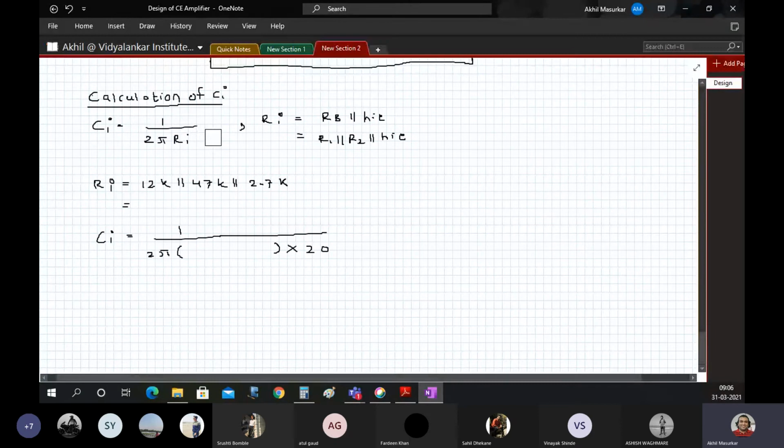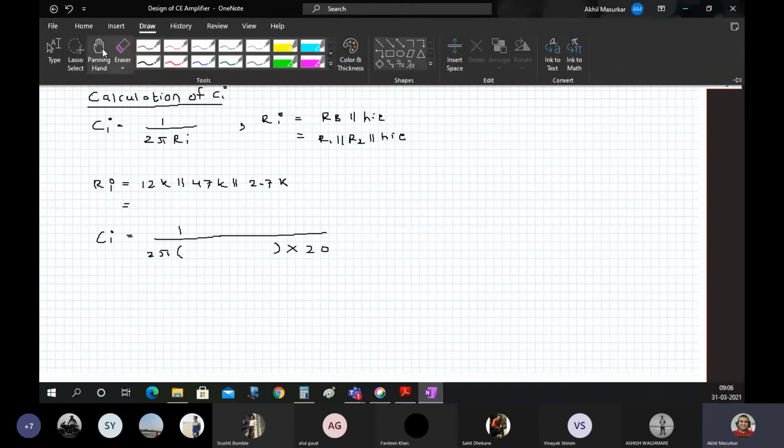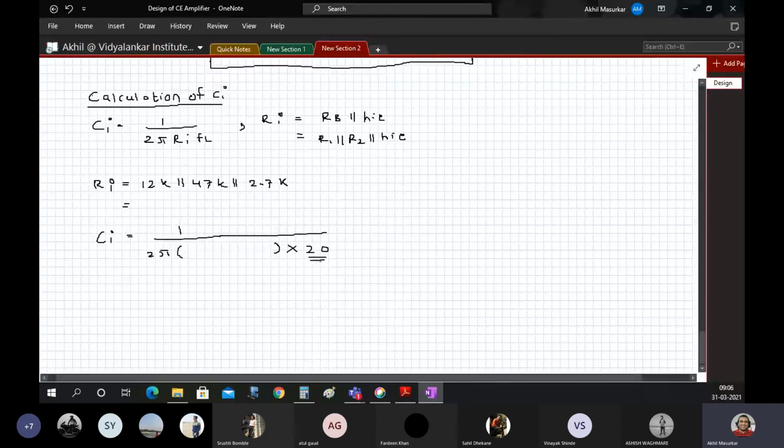Small mistake here. fL is 20, it is given to us in the problem. So according to my calculations, this comes to 2.105 kilo ohms. So that will come here 2.105 into 10 raised to 3.